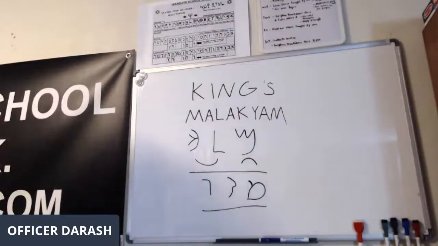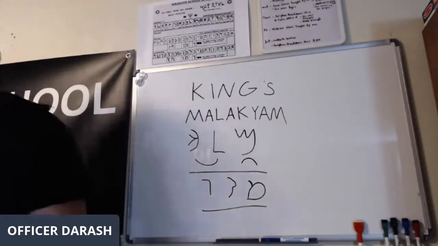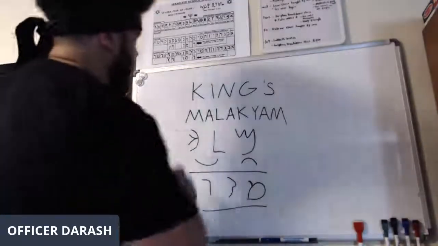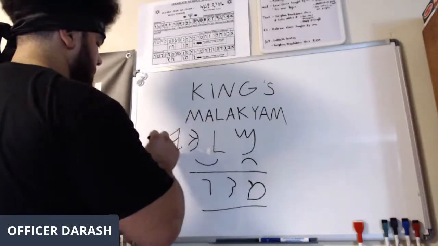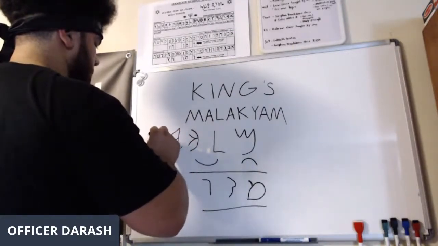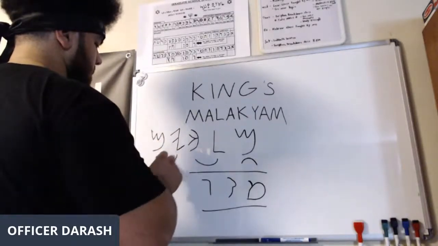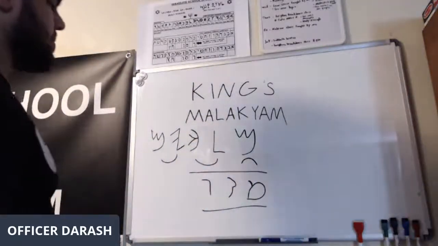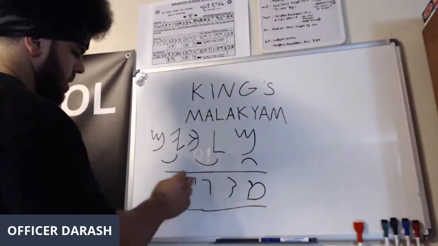But this is malakyam, so that's kings. Like we brought out on a Wednesday night law class, we are the nation of kings and priests. Kings. Malak Yam. Then you would just add Malak Yam. And then same here. We just add Yad.